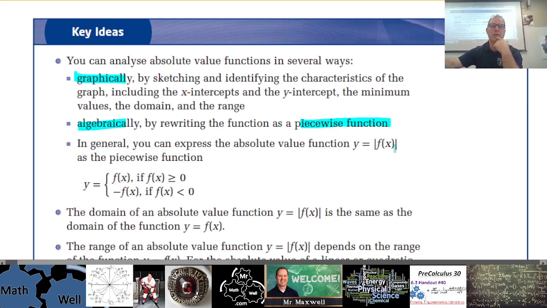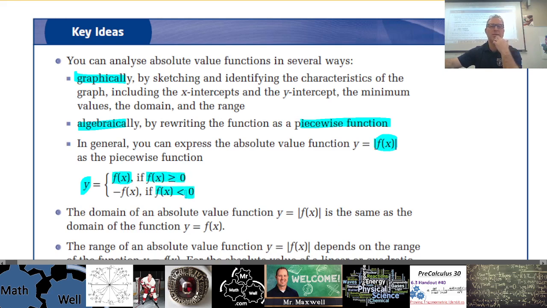In general, you can express y equals absolute value of f of x this way. Y equals regular old f of x when x is 0, when x is greater than 0. Oh, okay, this is a little bit different way. So the absolute value of this function means that if the function is above the x-axis, that means that it's positive, then it looks just the same because the f of x is positive.